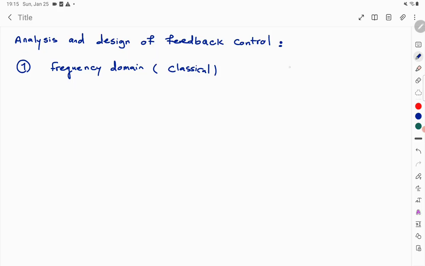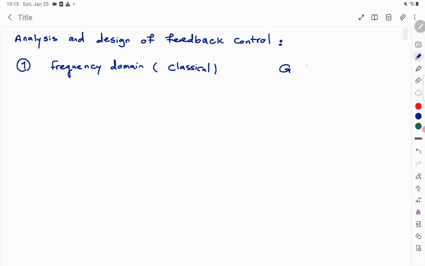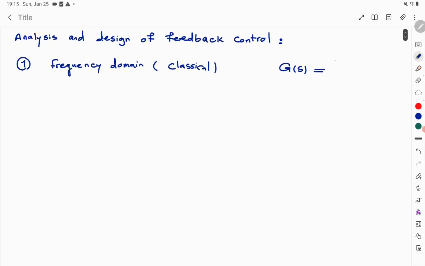So if you consider a transfer function, for instance, let's call it G, in terms of s, which is the complex variable, this one equals output divided by input.